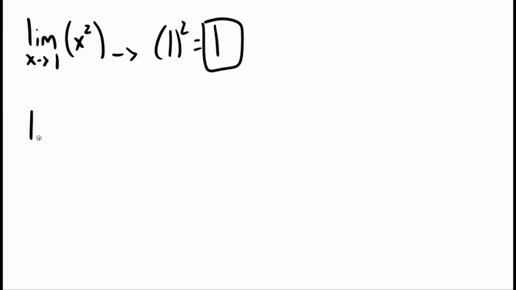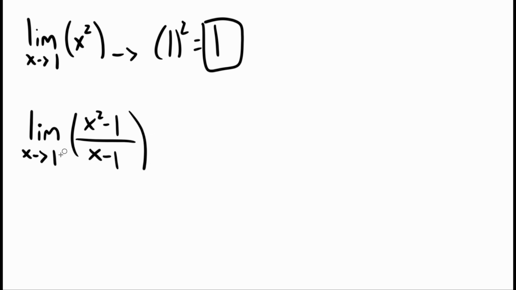But once we start to get a little bit more complicated, say as x approaches 1, x squared minus 1 over x minus 1. If we were to just plug in 1 on its own, then we would get an undefined number. We get 0 over 0, or we get undefined.